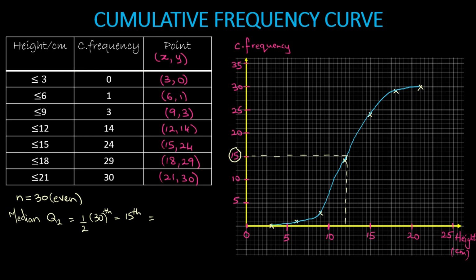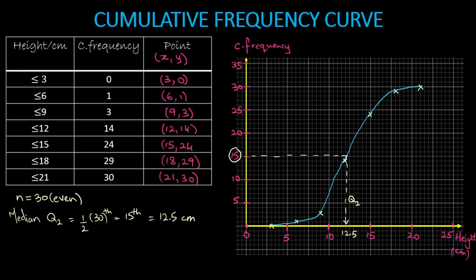Right? Right, so the value for the median is 12.5, and since we are dealing with height of plants, it's 12.5 centimeters.